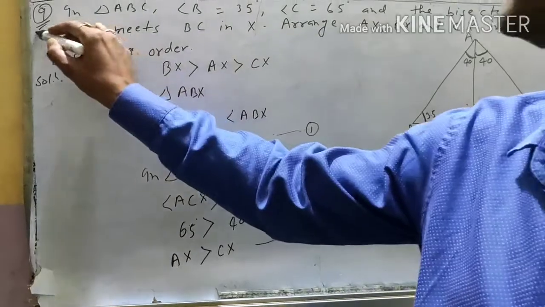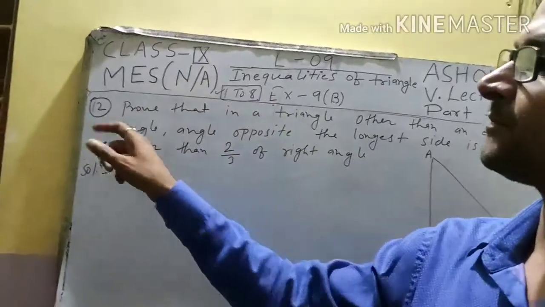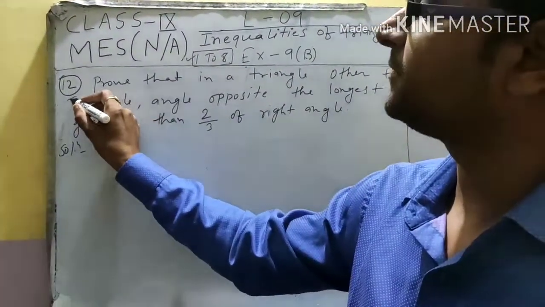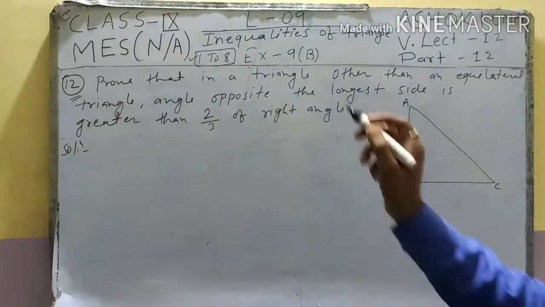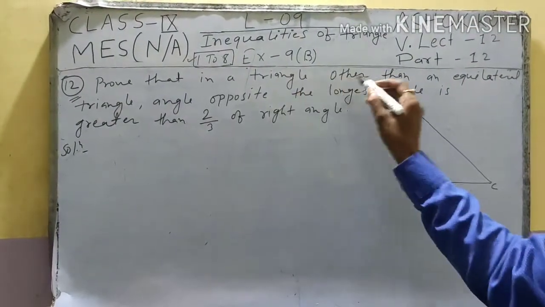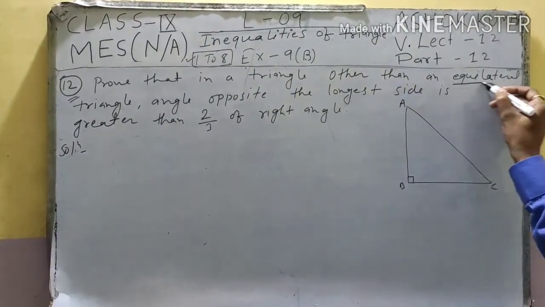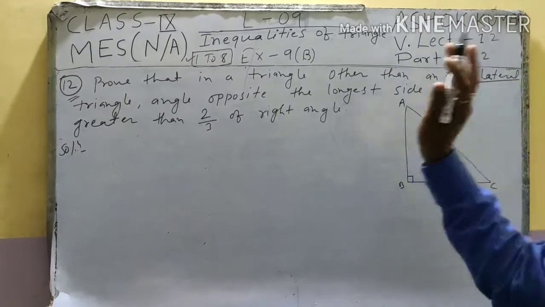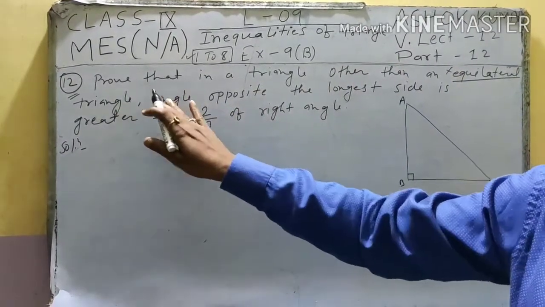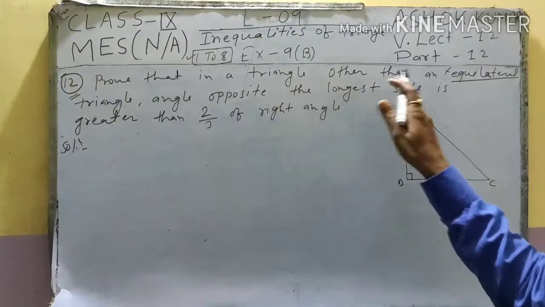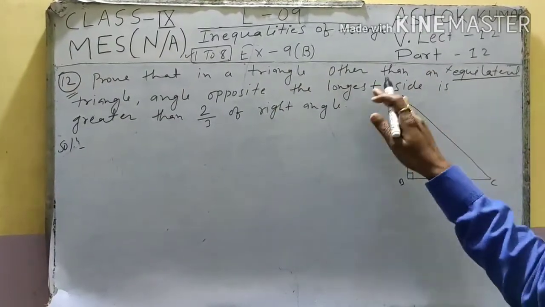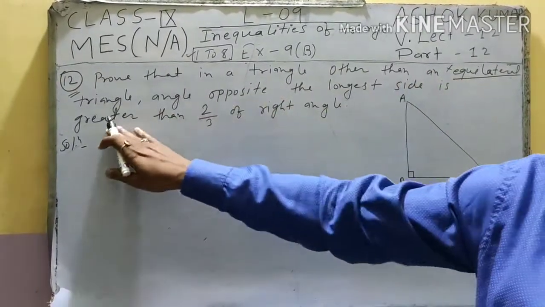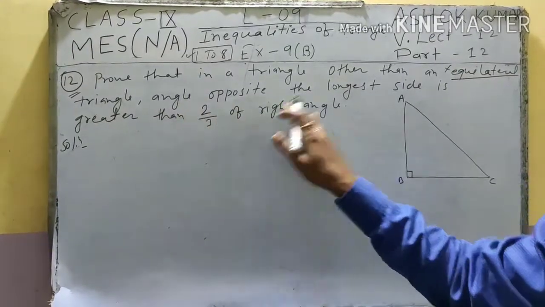The next question is question number 12. Prove that in a triangle other than an equilateral triangle, the angle opposite to the longer side is greater than 2 by 3 of a right angle.